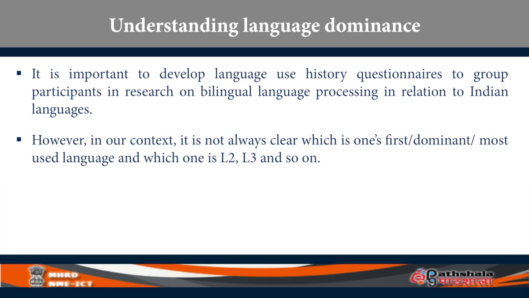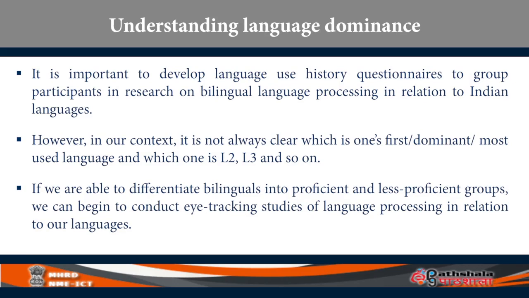It's not that we are exposed to one language at home only and speak another language only when we leave the home. So, if we are able to differentiate bilinguals into proficient and less proficient groups, we can begin to conduct eye tracking studies of language processing in relation to Indian languages.